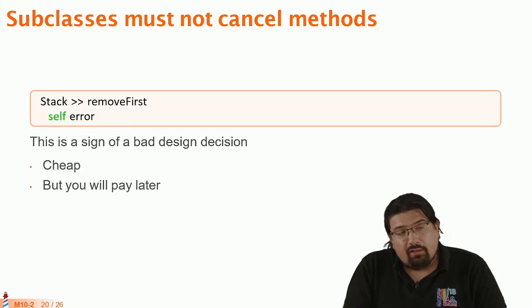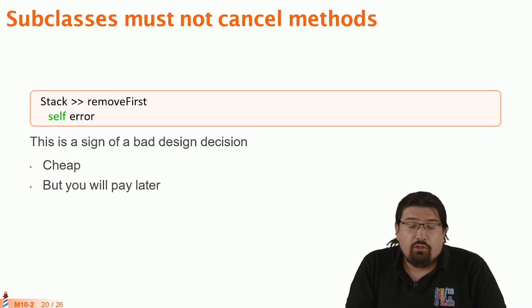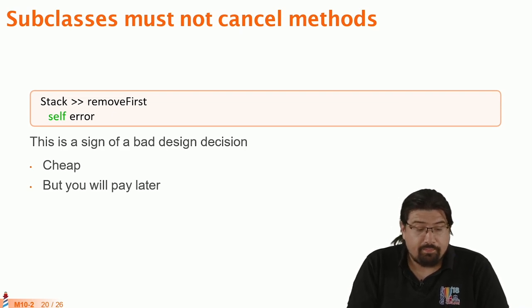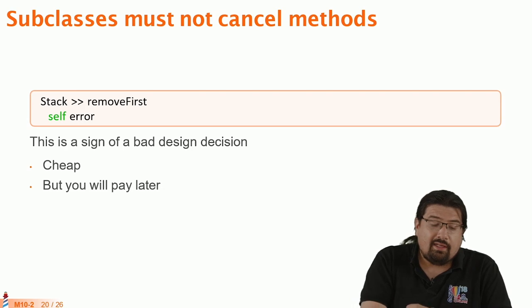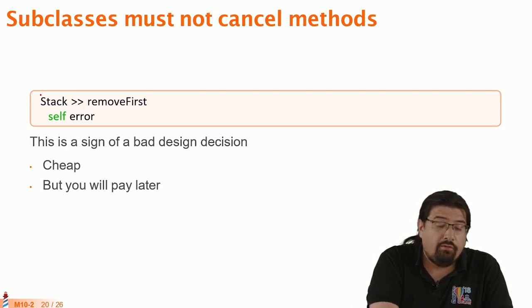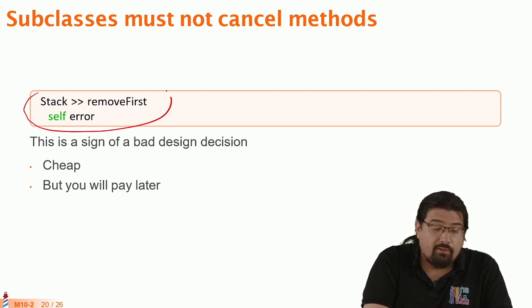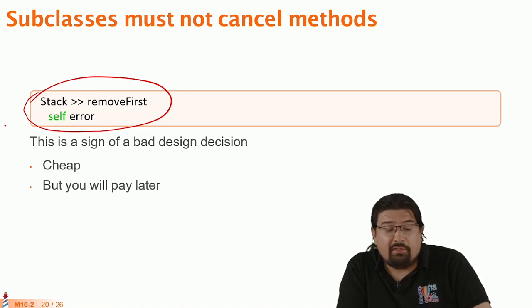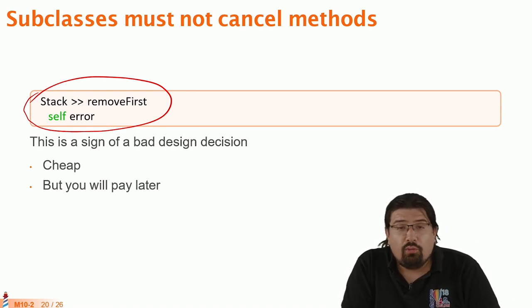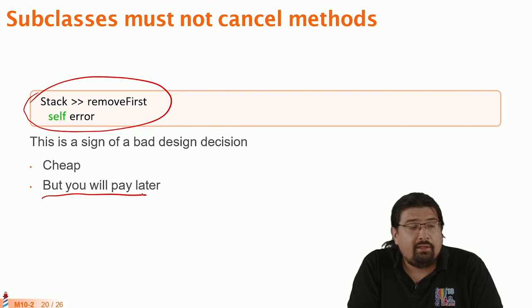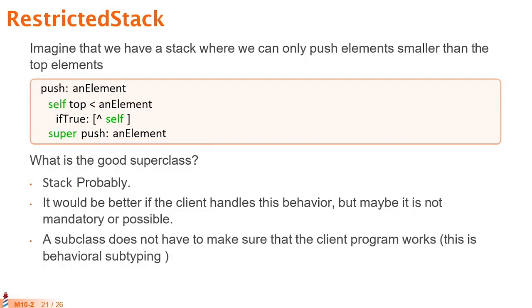One code smell that shows us that we are misusing subclassing and subtyping is that example we've seen before of canceling methods. This is a sign of bad design, and eventually we are going to pay the cost of taking a bad decision now.